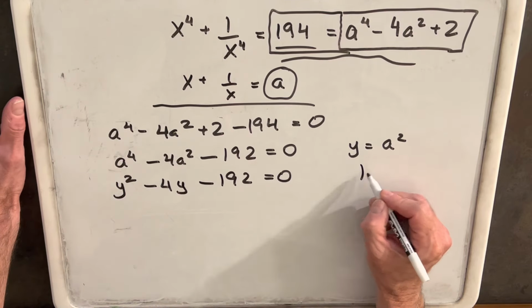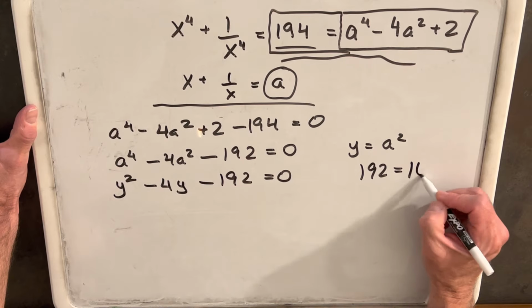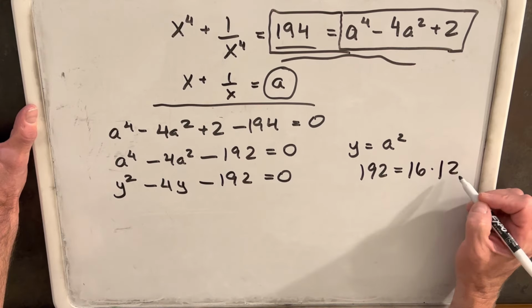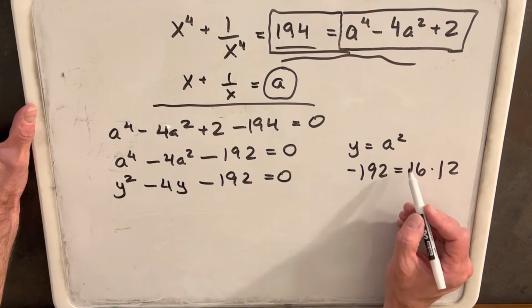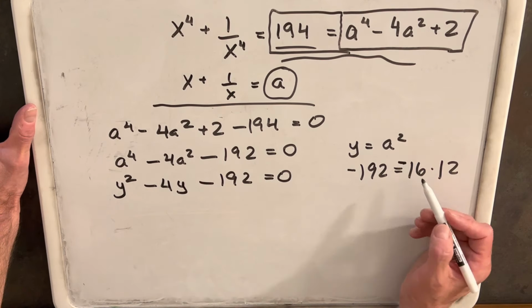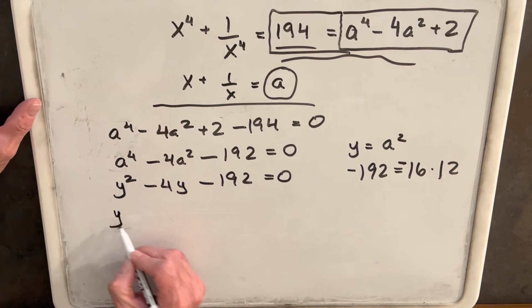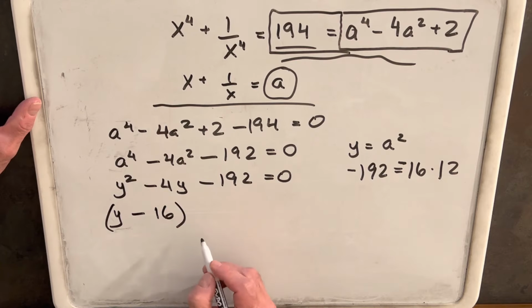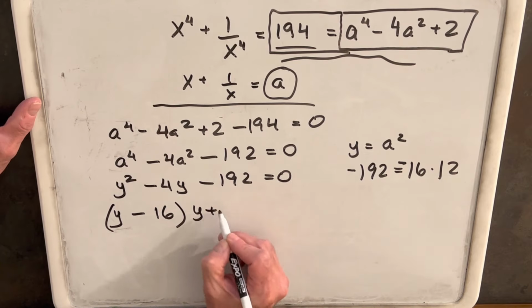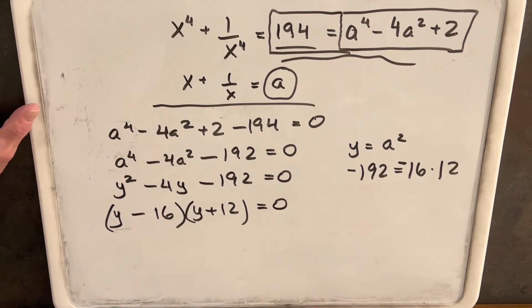So 192 actually factors a bunch of different ways, but we can factor it as 16 times 12. We particularly want a negative, so for this to work, we're going to use minus 16 times 12. So this is going to factor nicely as y minus 16 times y plus 12 equals 0.